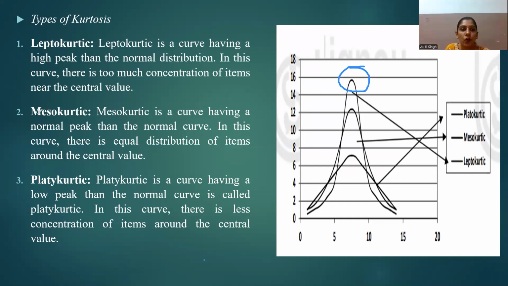If we talk about mesokurtic, it is the curve which has a normal peak compared to the normal distribution or normal curve.